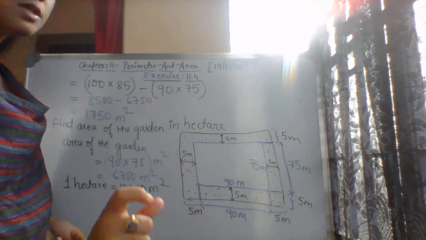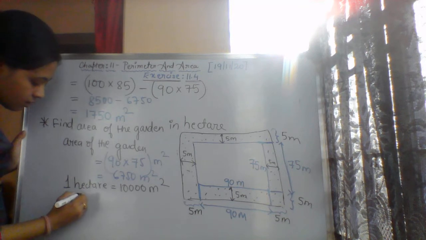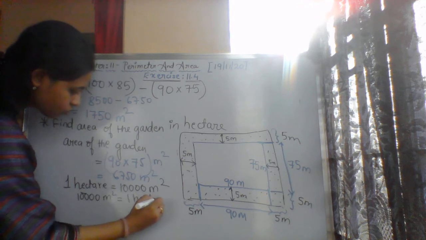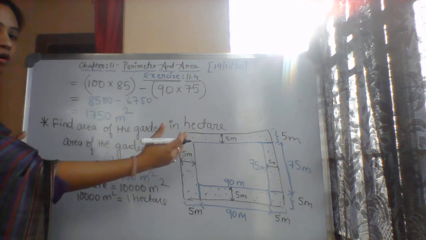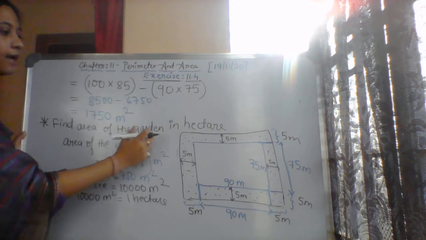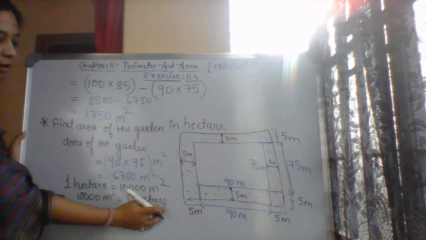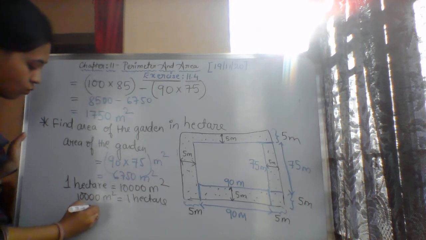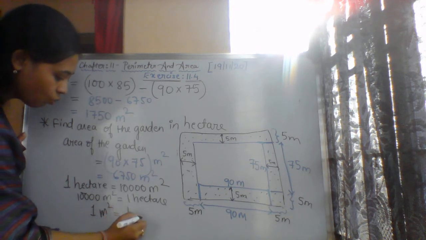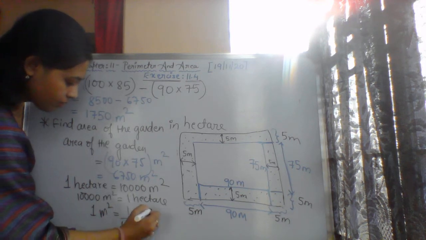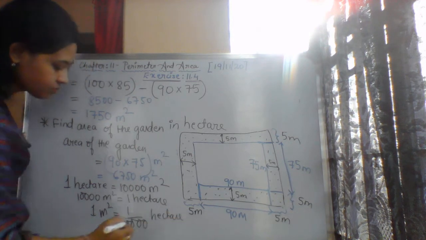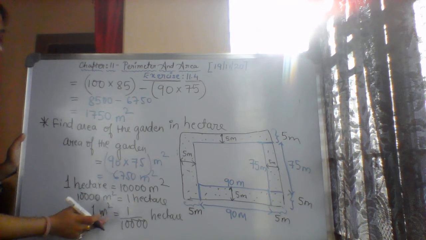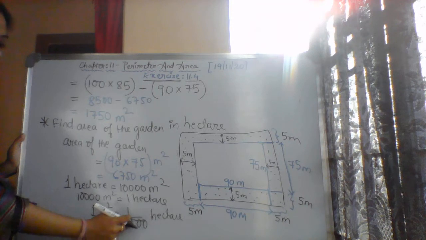So now we can write that oppositely also: 10,000 meters square equals 1 hectare. I need to convert into hectare, so I will write that part on the right hand side. So 1 meter square equals how much hectare? 1 by 10,000 hectare. Simple unitary method: 10,000 meter square is 1 hectare, so 1 meter square is 1 by 10,000 hectare.